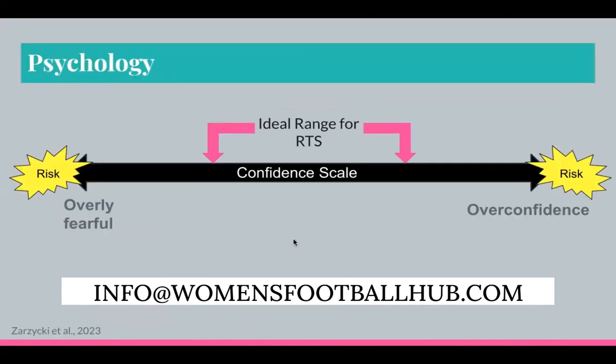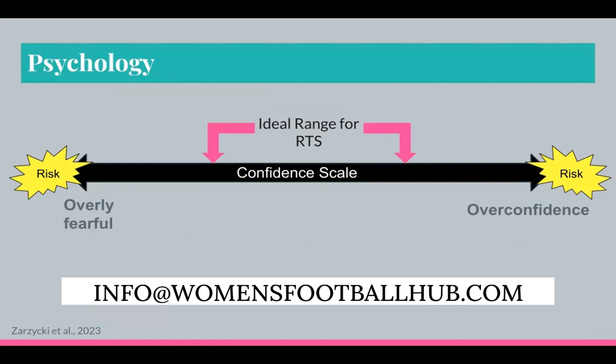Like I said before, there is a psychological component to it. And this little depiction here is looking at confidence. So this confidence scale, you have 2 sides. And so each extreme is going to have an increased risk for ACL tears. And we can be on the right side, which says overconfidence.